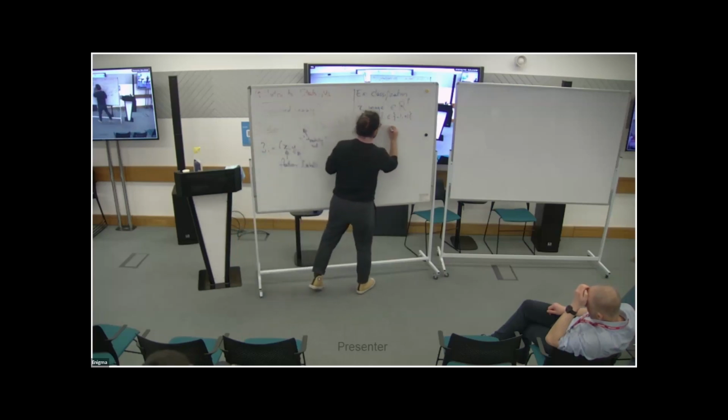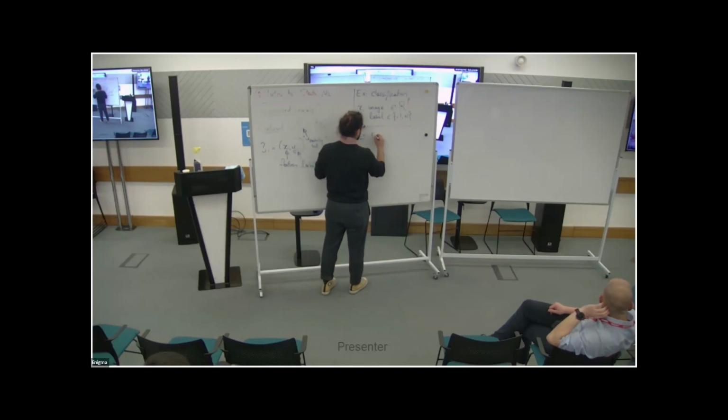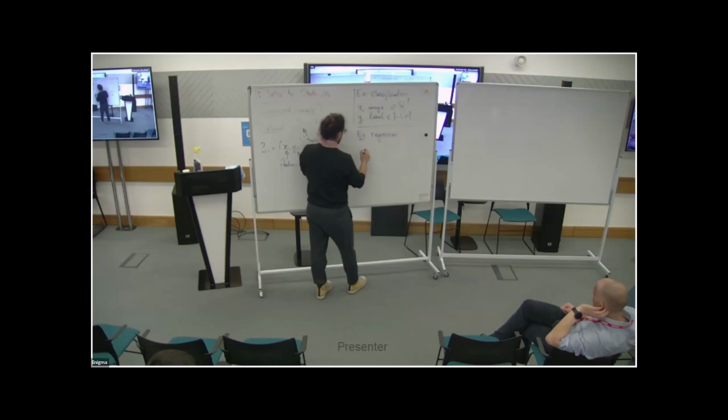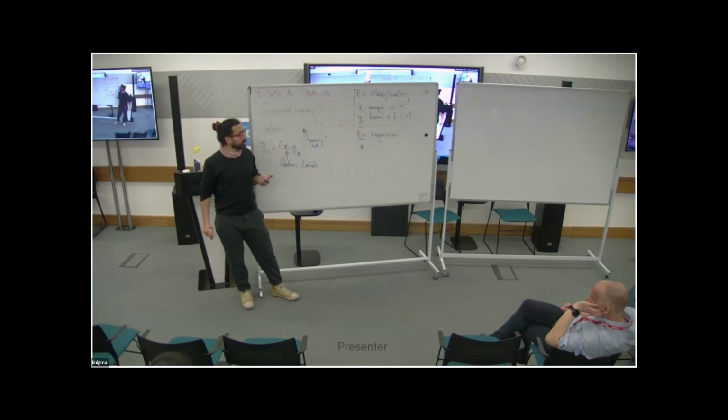Another example would be regression. In this case, let's say we are trying to guess the price of a house. Let's say we are trying to develop something for real estate.